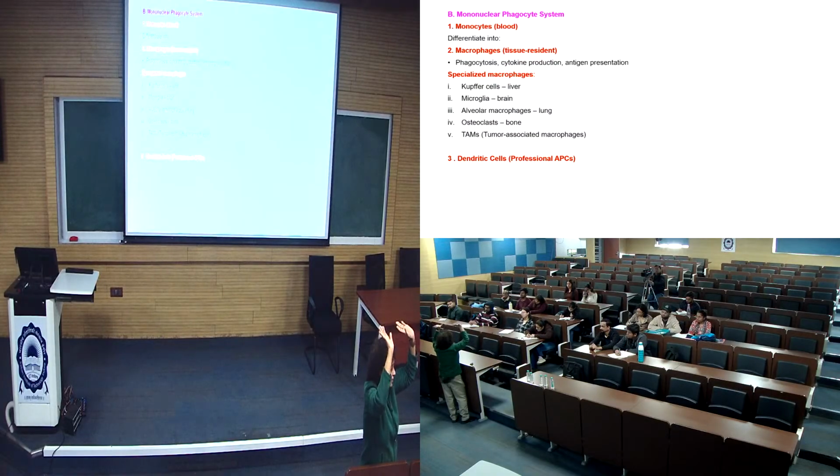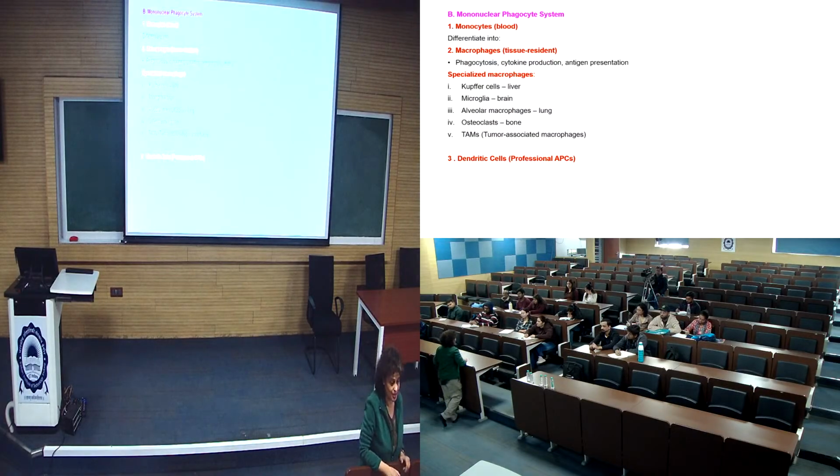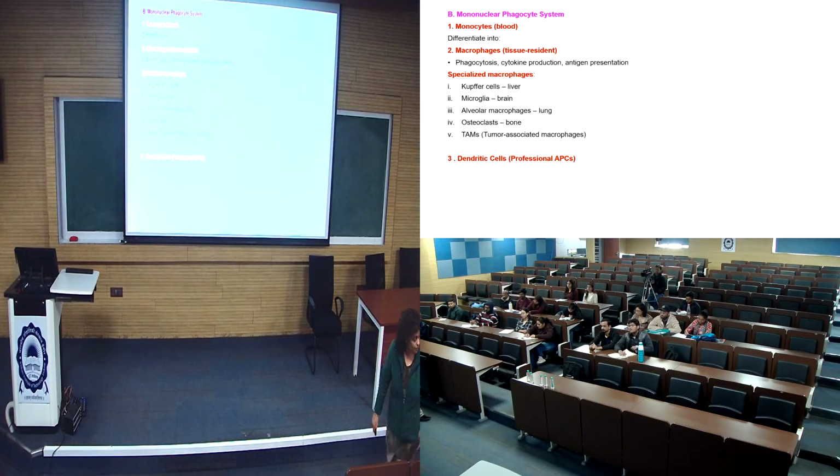And they present it. And then the T cells will recognize this is wrong, and that's when the whole immune system will start. So they are the famous APC cells we see. Some other cells can also function as APC, but these are the main professional APCs, right?